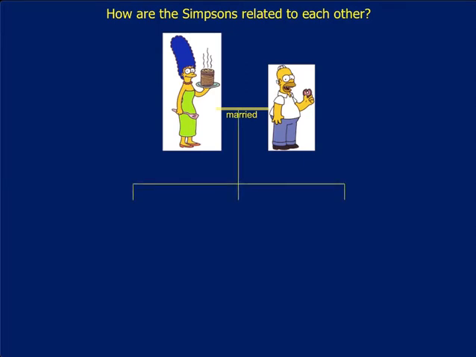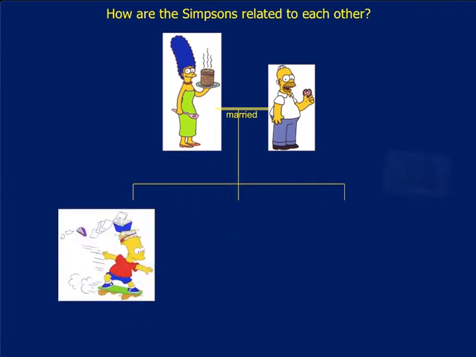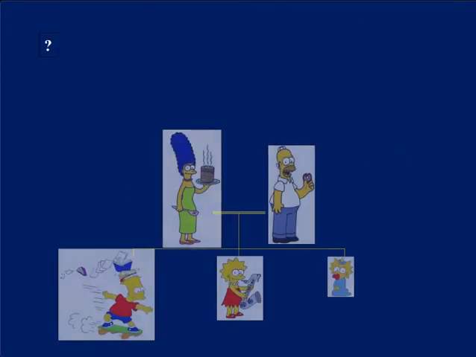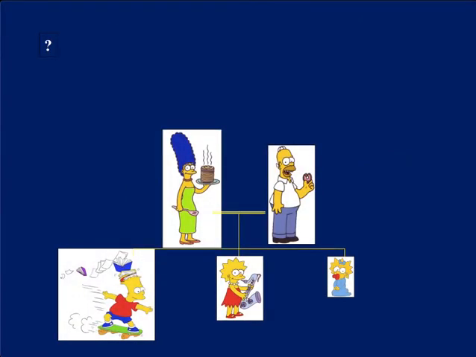So this is how you show their babies then. You draw a line down from them with 3 prongs for each of their 3 children. So we know now that Marge and Homer have had babies, and they have 3 offspring because they drop down from them. And if you know families, you can build on this chart.